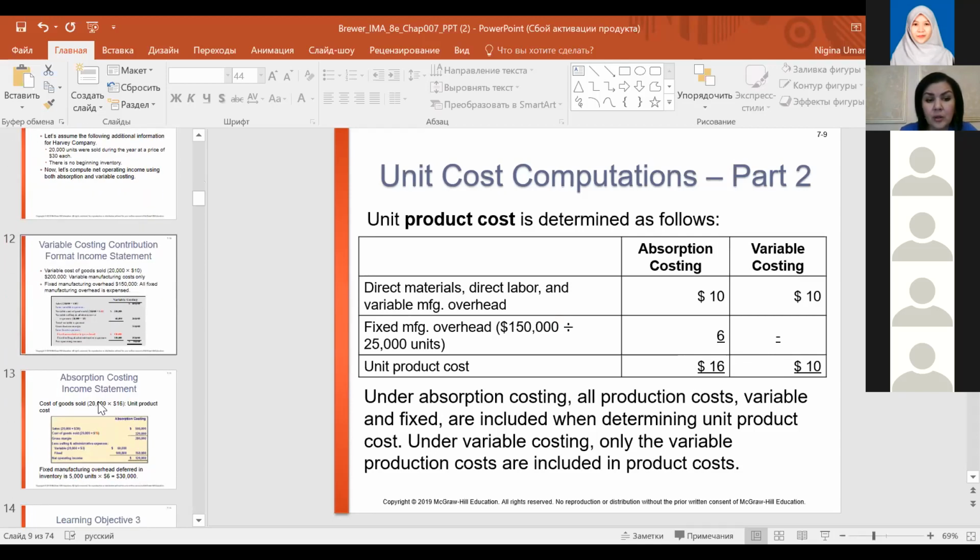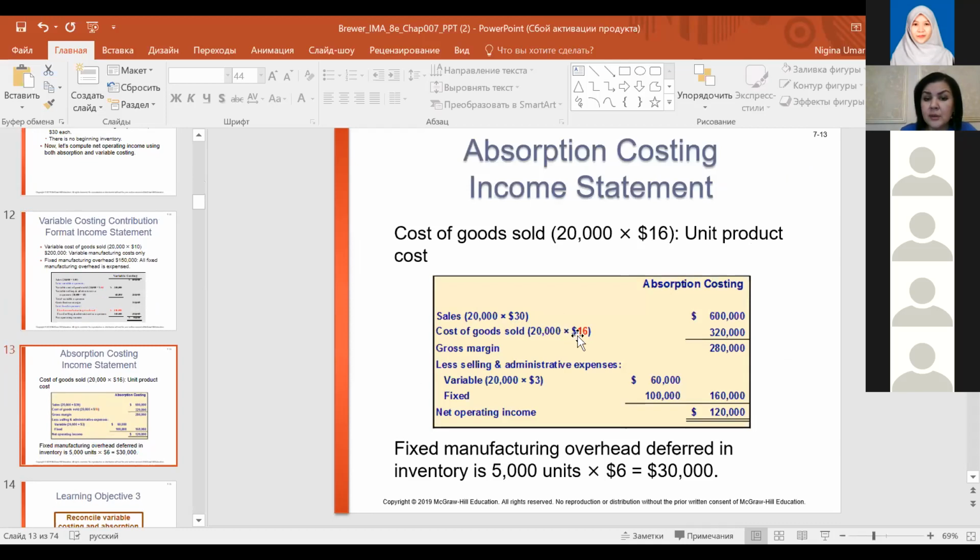So 20,000 units, which we multiply by $16, and cost of goods sold is $320,000. If we subtract this amount from sales revenue, we receive not contribution, but gross margin under absorption costing. And then from gross margin, we subtract selling and administrative expenses, variable and fixed. Just period costs, we subtract period costs.